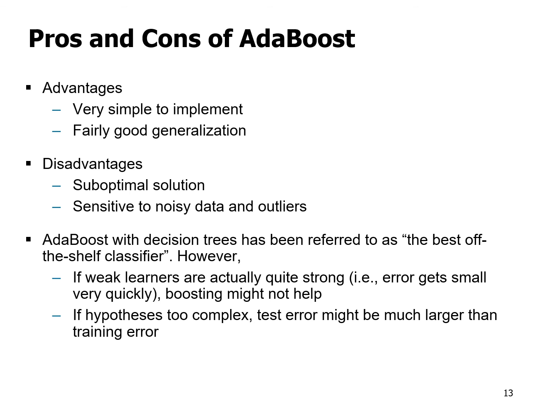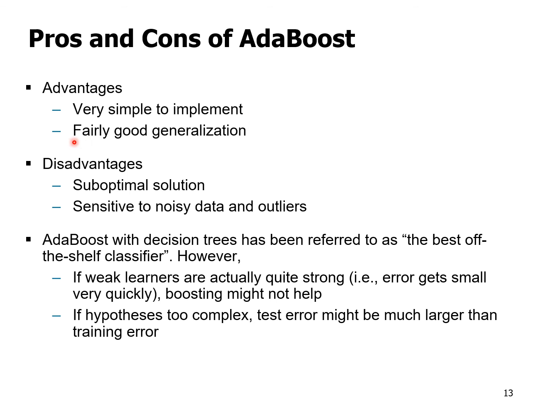So the advantage of AdaBoost is that it is very simple to implement. You simply collect any weak learners. There are many weak learners you can choose from. You collect some of them and run AdaBoost. So it's very simple, easy.